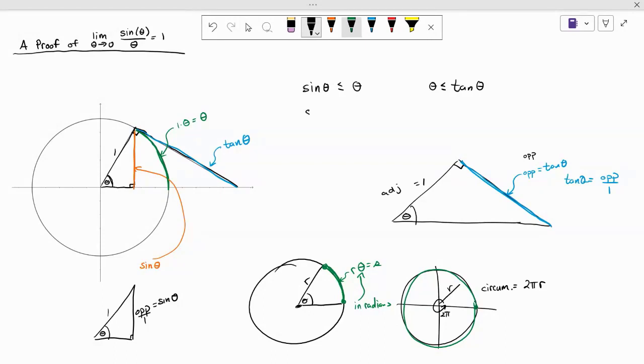So using the first inequality, if we divide both sides by theta, notice I'm assuming theta is positive, we get that sine of theta over theta is less than or equal to 1. And over here, we can multiply both sides by cosine and also divide by theta to get that cosine of theta is less than or equal to sine of theta over theta.